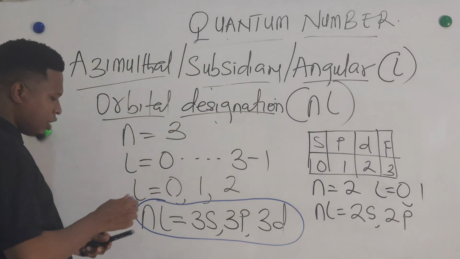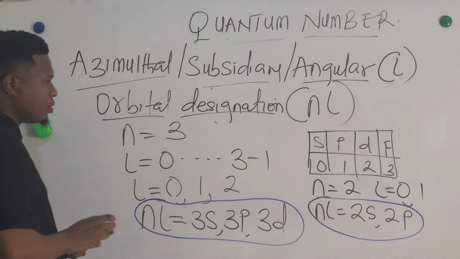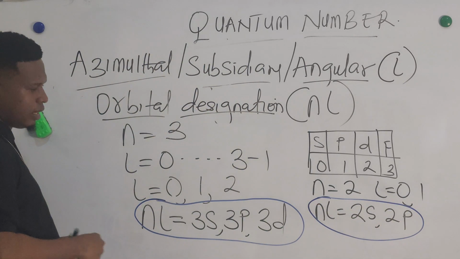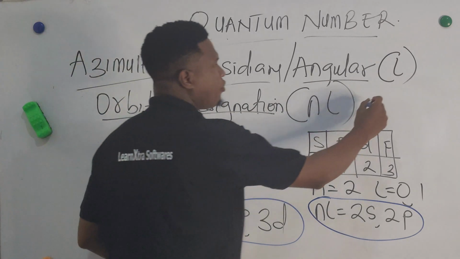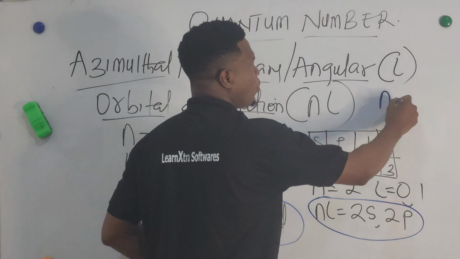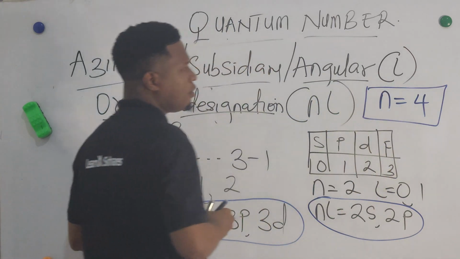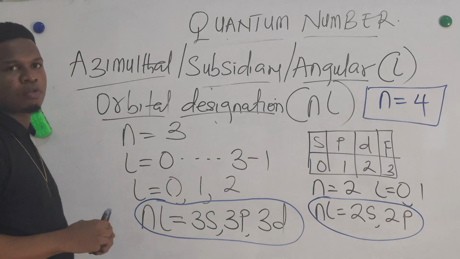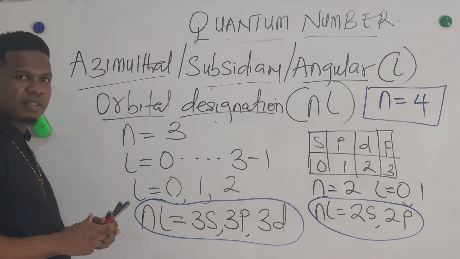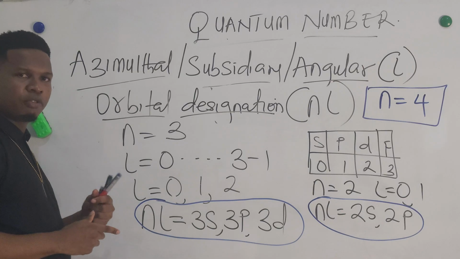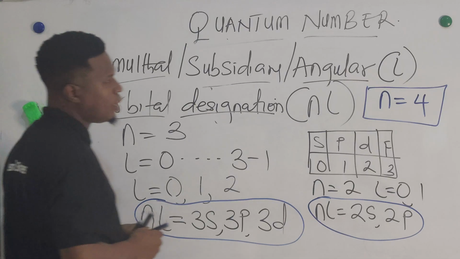So the orbital designations for 2 are these, while the orbital designations for 3 are those. Now you can try for n equal to 4. Get me the orbital designations when n is equal to 4. If you do this, you should get 4s, 4p, 4d, and 4f.